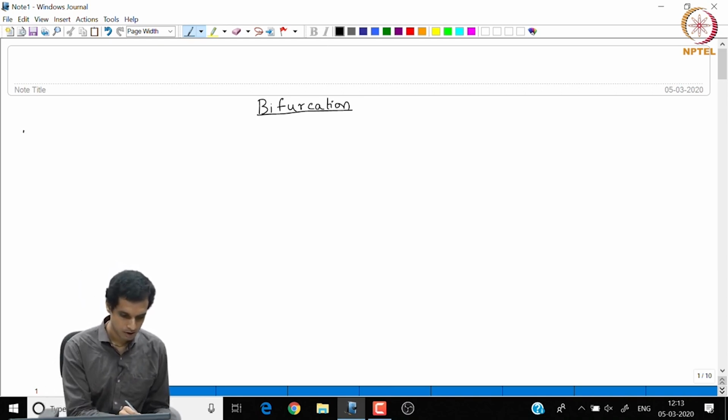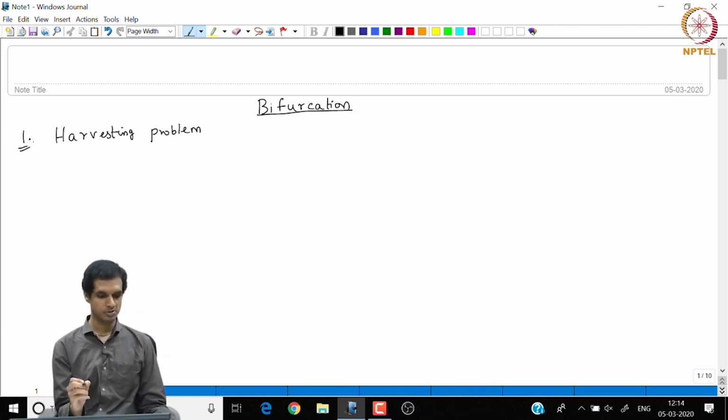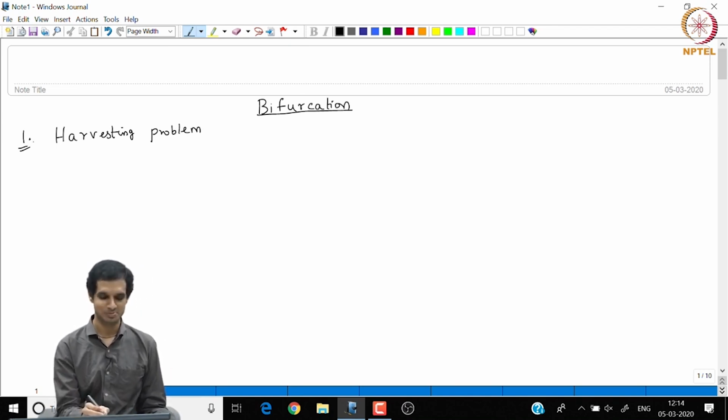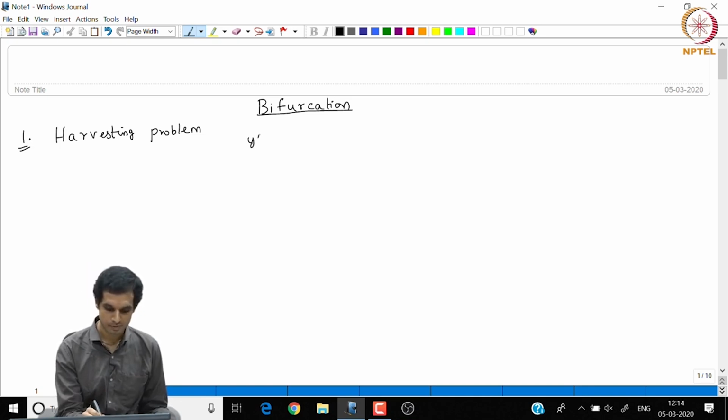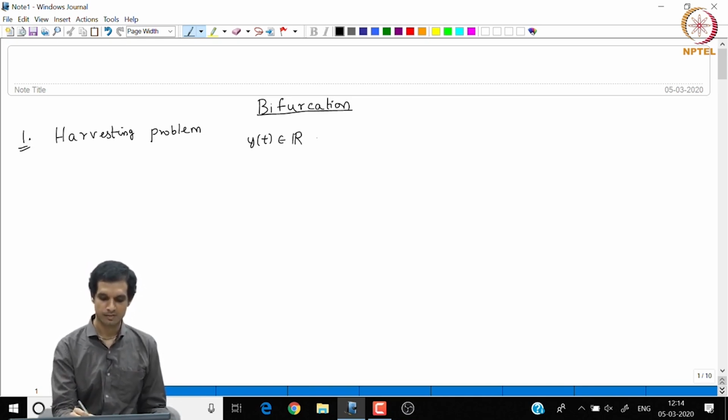The first question is what is famously called the harvesting problem. I will first describe the problem. As usual, it is a one dimensional dynamical system. Here y of t belonging to R is the dynamical variable.